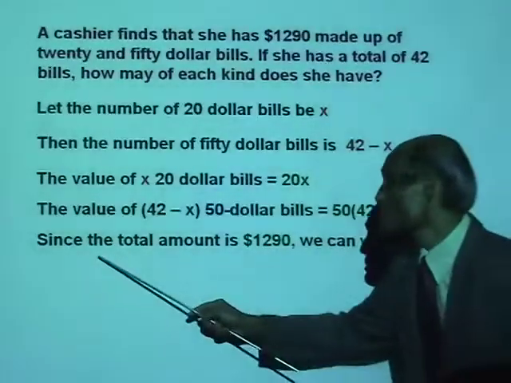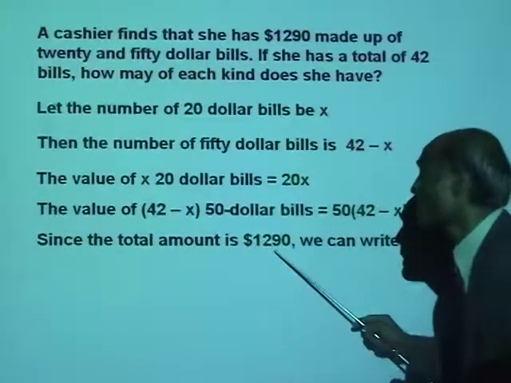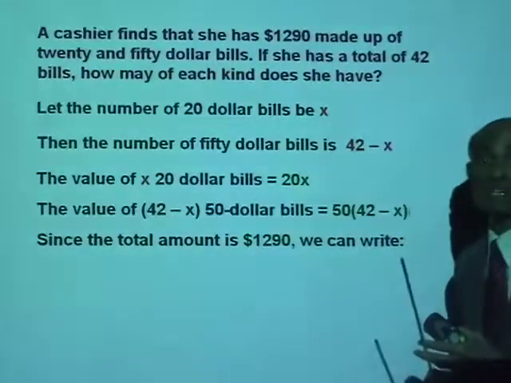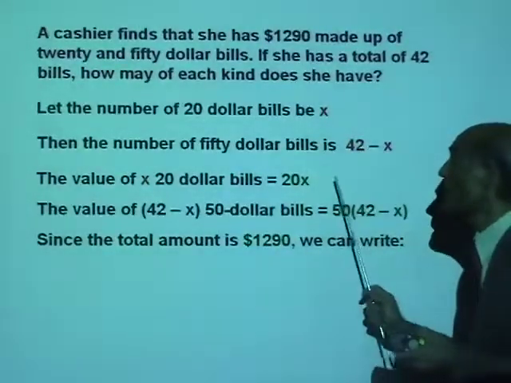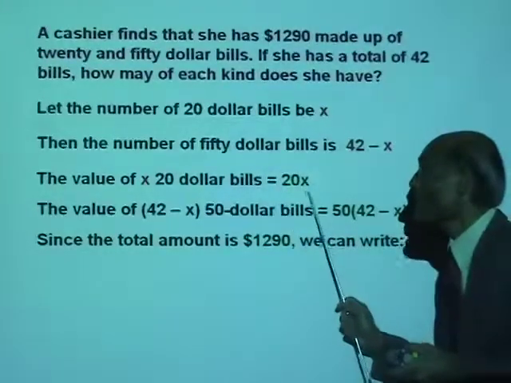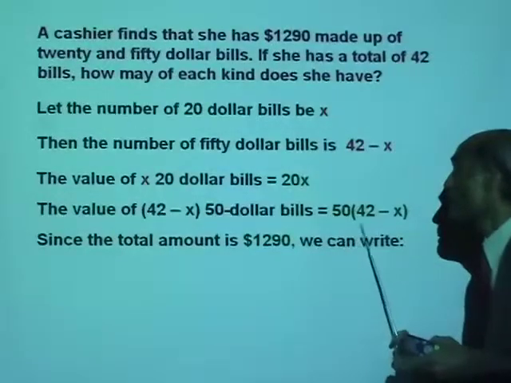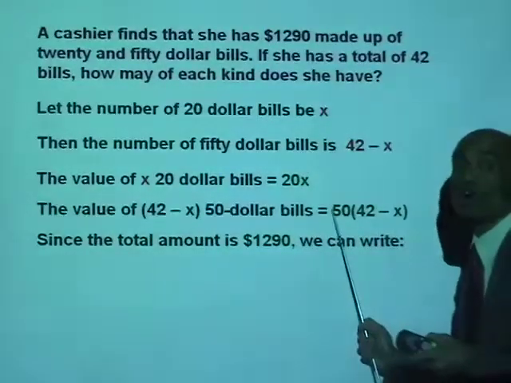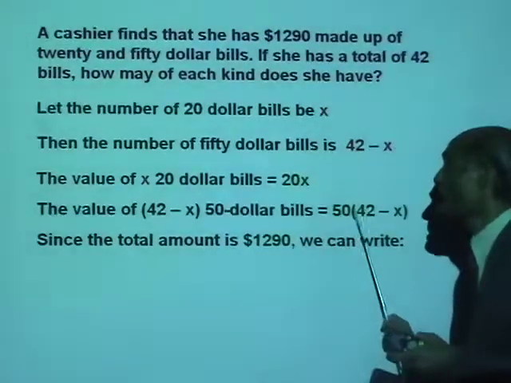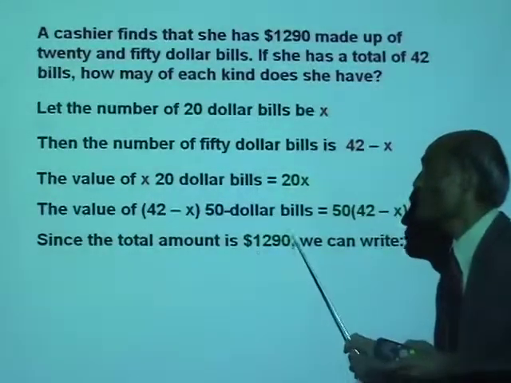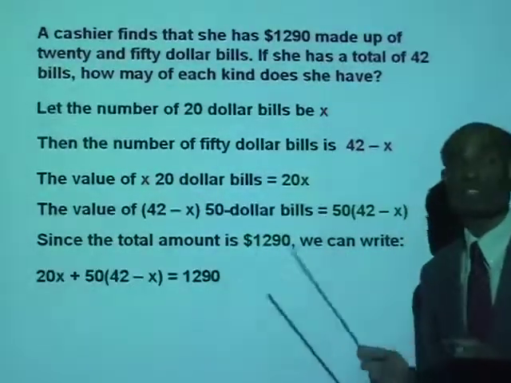Alright, since the total amount is 1,290, we should be able to say the total amount of money in $20 bills added to the total amount of money in $50 bills must give 1,290. Look at that.